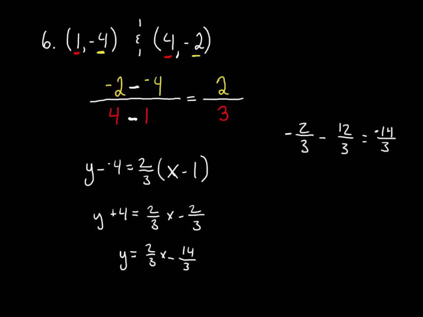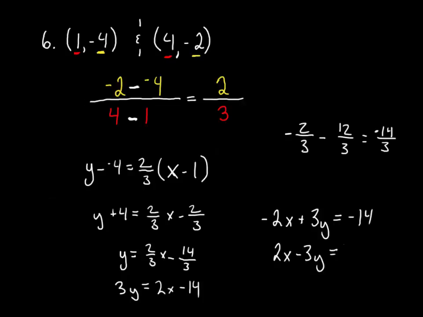So we'll clear out the denominator by multiplying each term by 3. Subtracting 2x from both sides gives us -2x plus 3y equals -14. Proper standard form has a positive a value, so we multiply every term by -1 to change each sign, for a final answer of 2x minus 3y equals 14.